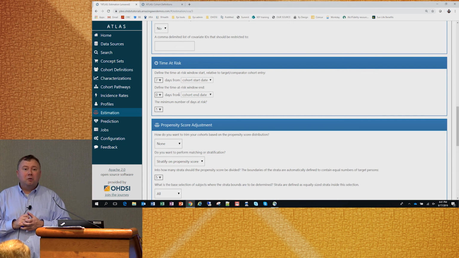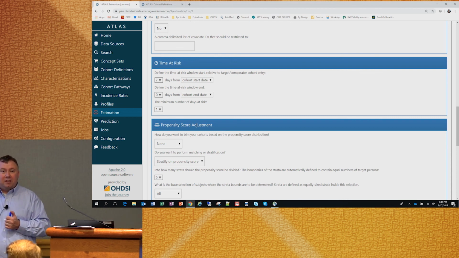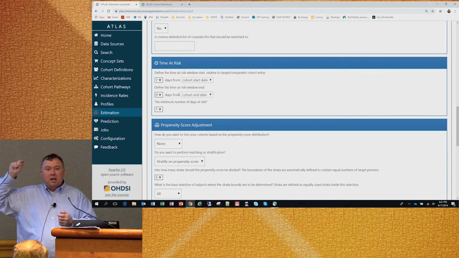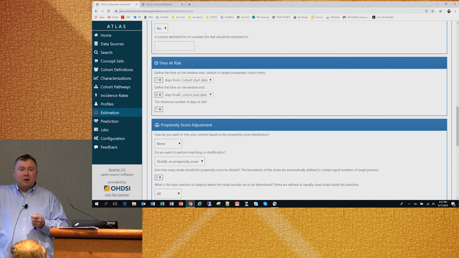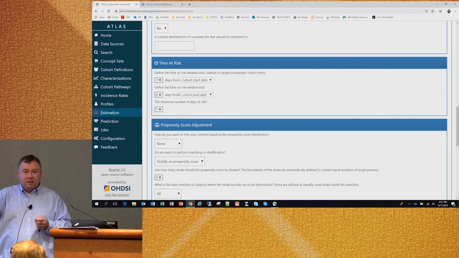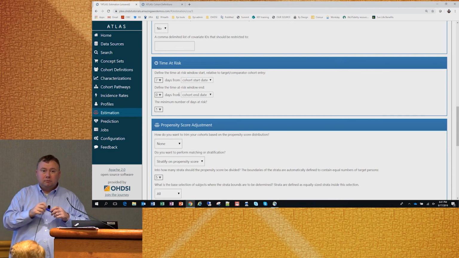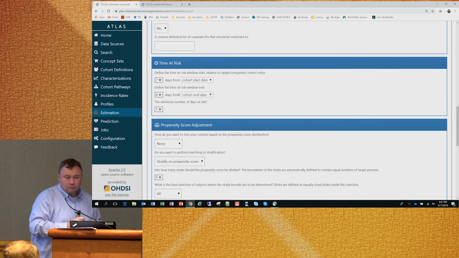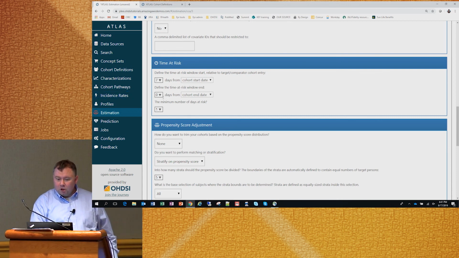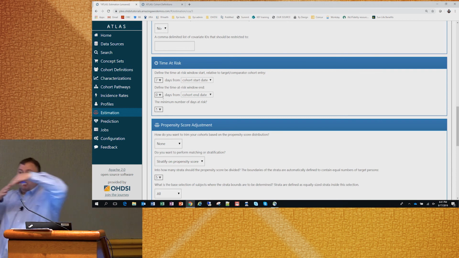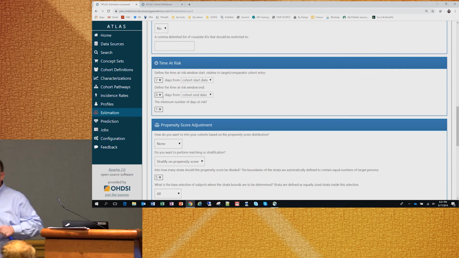Not prior to exposure start. Yes. So if you make the time at risk 7 days and you said exclude prior events, then people who died before the 7 days would be removed.